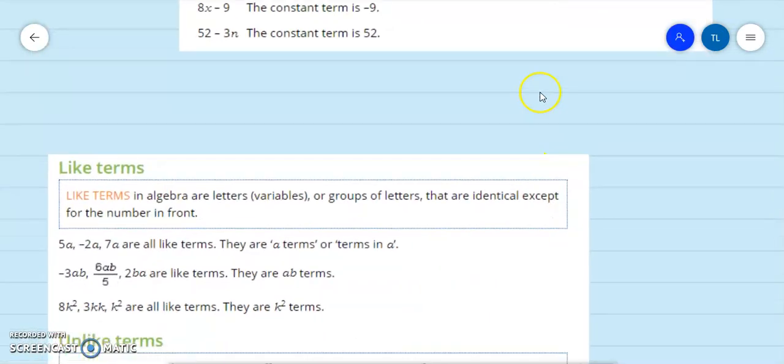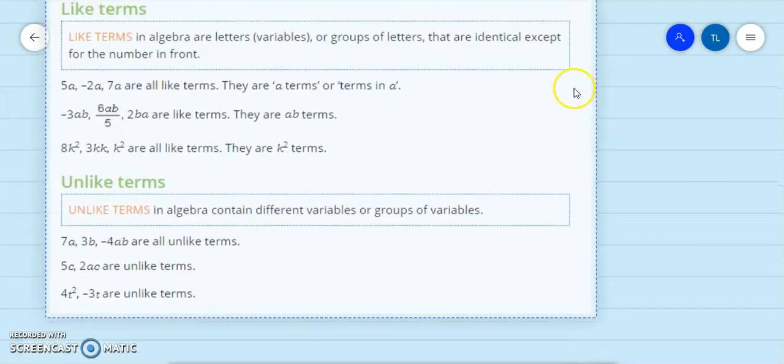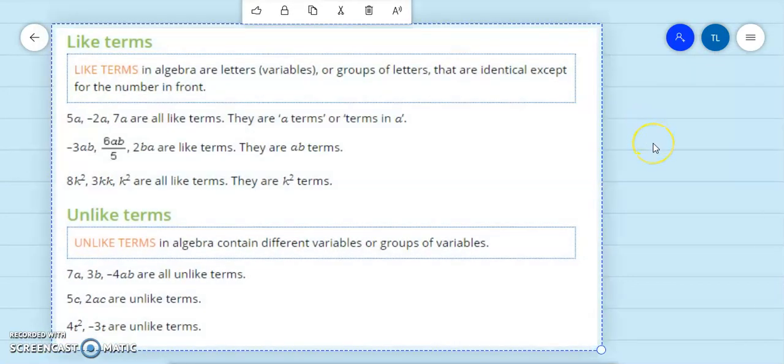Next, how about this? Here, we have like terms. Like terms in algebra are letters, variables, or groups of letters that are identical except for the number in front. So like terms are the same term, identical except for the number in front of the term, which is called the coefficient.